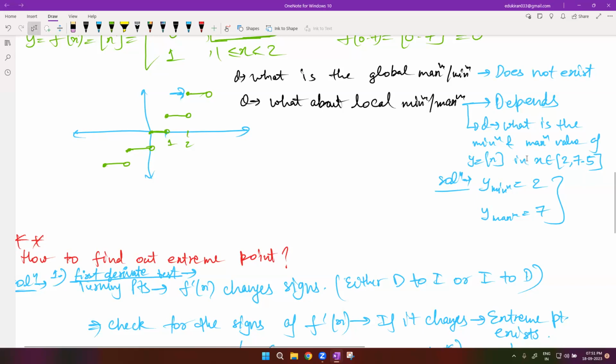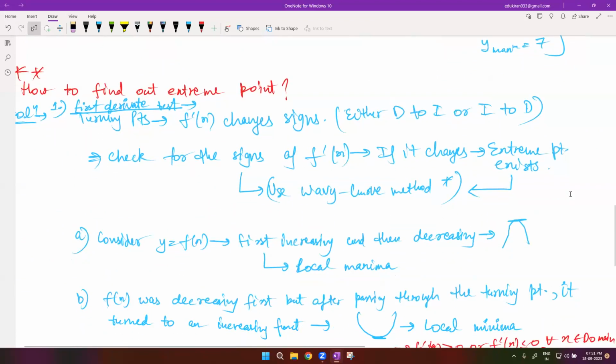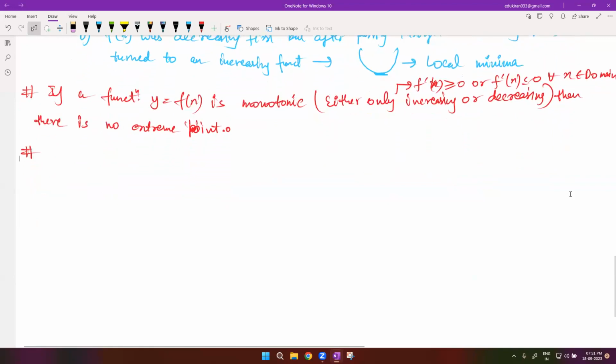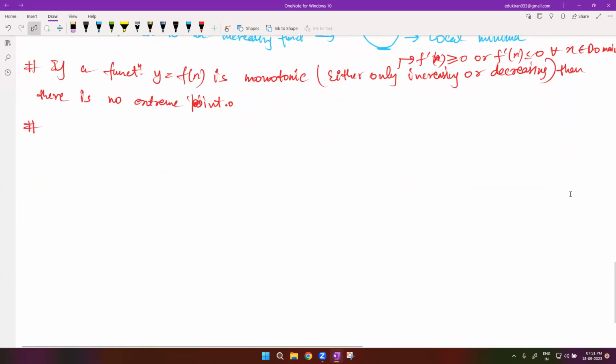And we have been asked about the minimum and maximum value of this function. In these cases, there will definitely be a minimum and maximum value. I mean, you are talking about closed intervals, where we are taking some values for a and b. We're not considering the minus infinity to plus infinity domain.